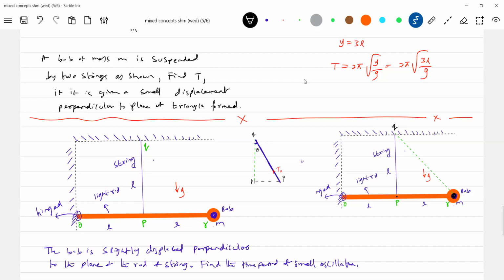About the OQ line, it's going to execute SHM. So there is a reference. This is a string, no? So about OQ, it is going to execute SHM. Then this will become the effective length, and you resolve G also. This is G, no? So the effective G will come like this.